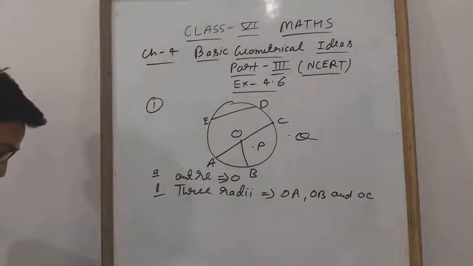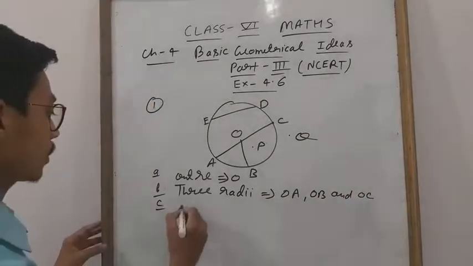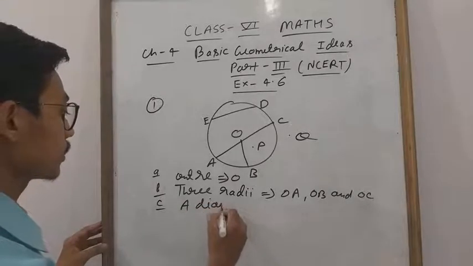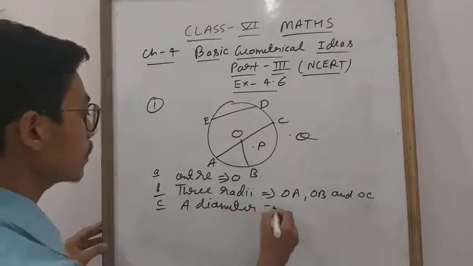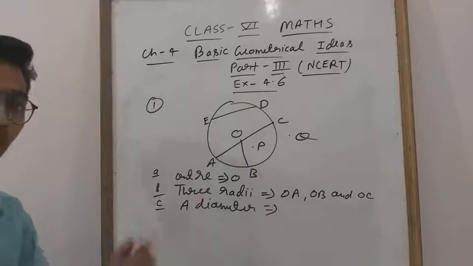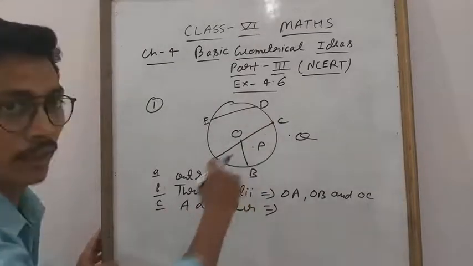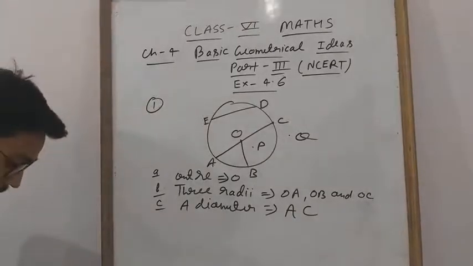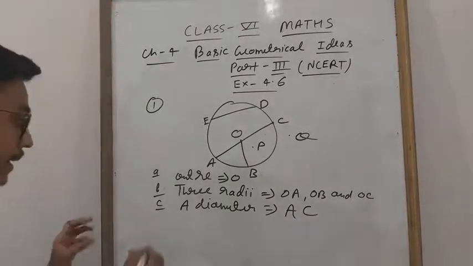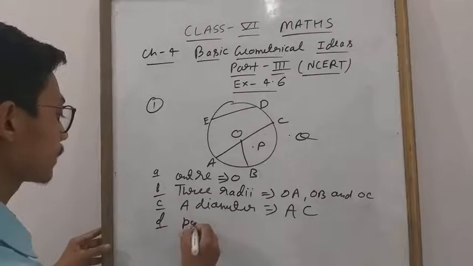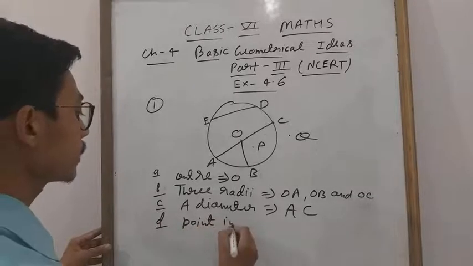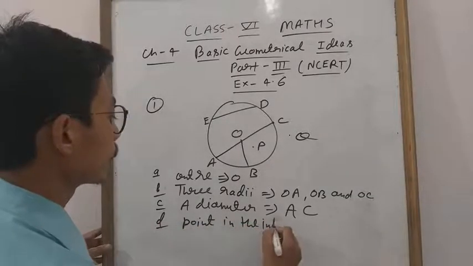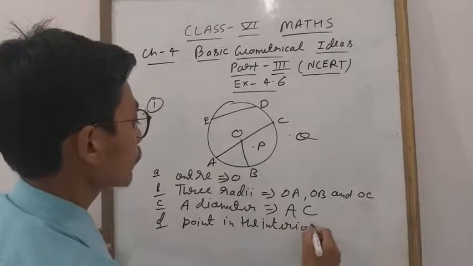Next, a diameter is given. Everyone knows the diameter is 2 times the radius and the longest chord. So the diameter is AC, which joins through the center. Diameter done. Next, 2 points in the interior are given.